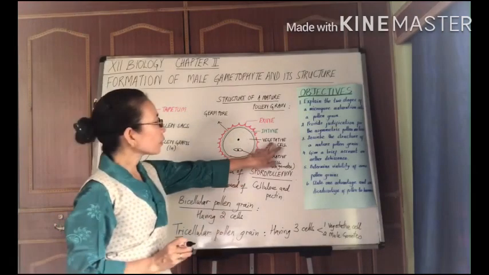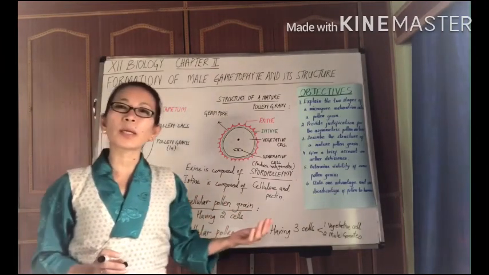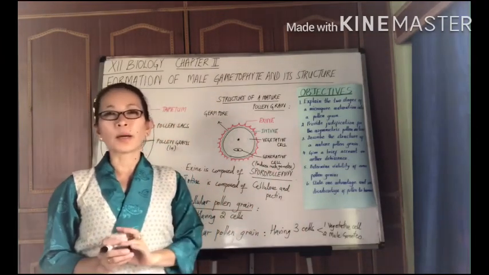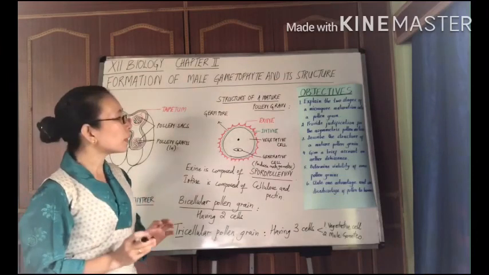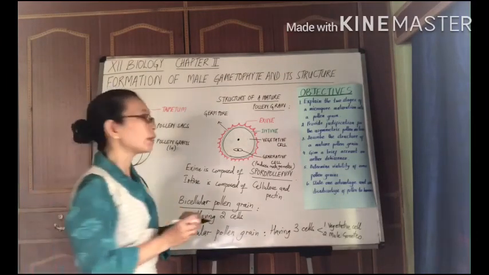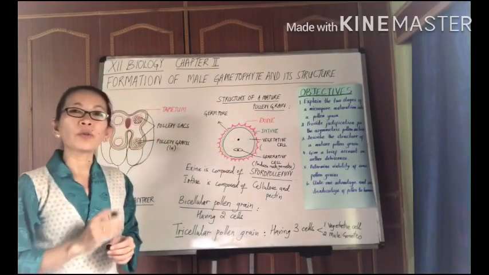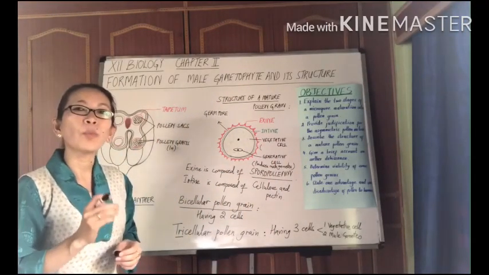Then the vegetative cell. As I said, these are vegetative because they are not forming the male gametes, but they are also referred to as tube cells because they are helpful in the formation or synthesis of the pollen tube.